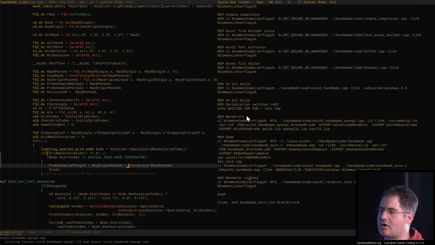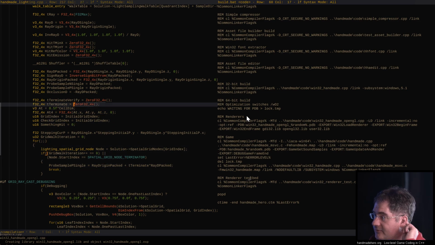I mean, it's not that hard, because you know a priori how much each t-step is. So if you looked at t-terminate here, it's the same value either way.